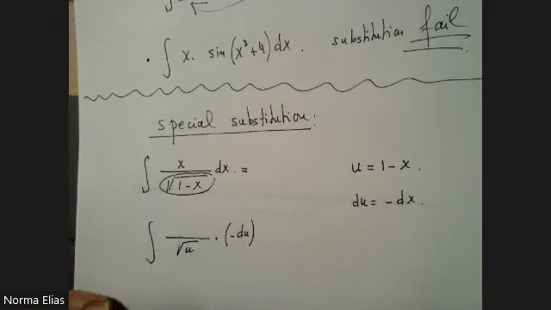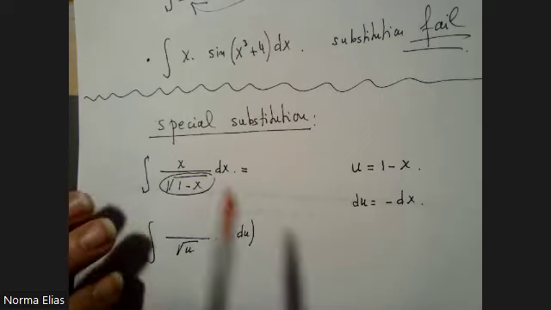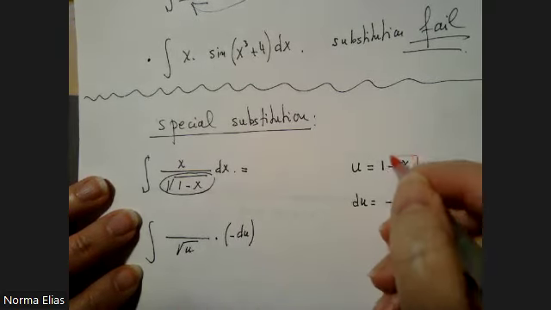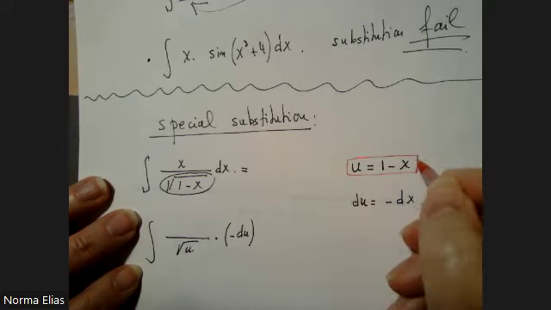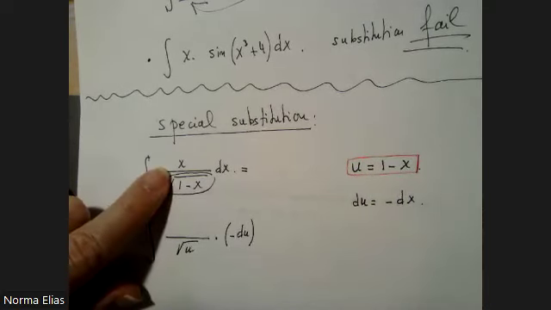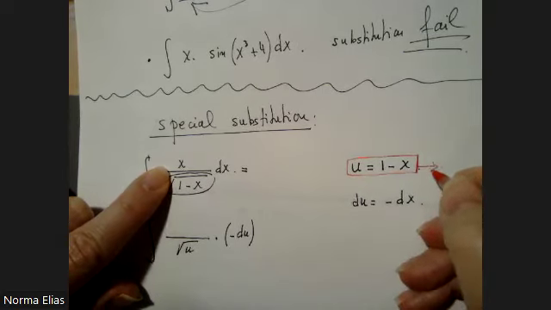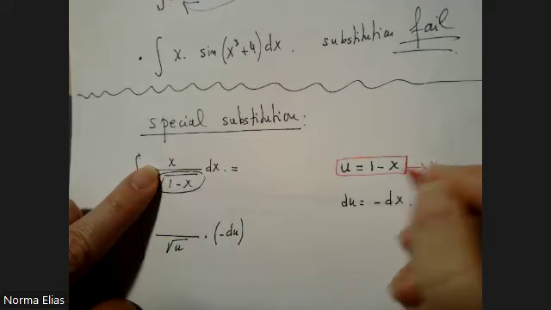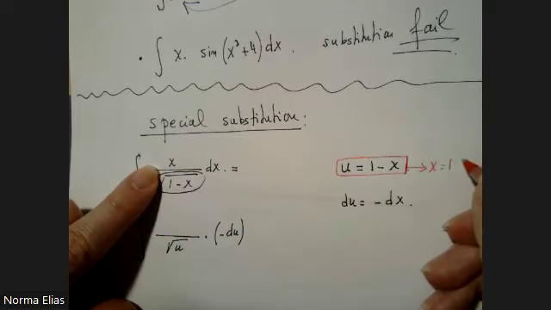It's a very special substitution, and you will only do it when I tell you to, at least at the beginning. What am I going to do with this x hanging in there? I have to substitute everything in terms of u. So I go back to my initial u right here, and I need to substitute this x in terms of u. So I'm going to solve for it, and this will give me x equal 1 minus u.